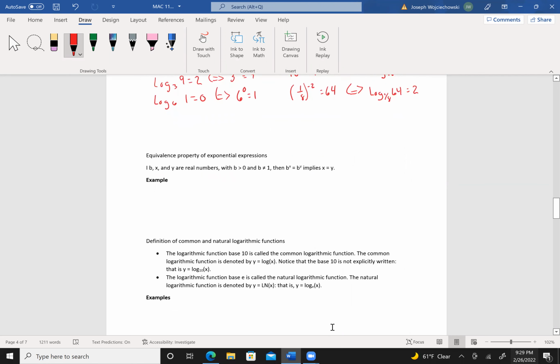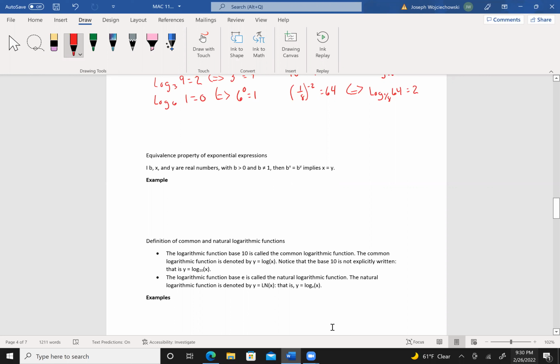So next we have what's called the equivalence property of exponential expressions. It says if b, x, and y are real numbers with b greater than 0 and not equal to 1, then b to the x equals b to the y implies x equals y.